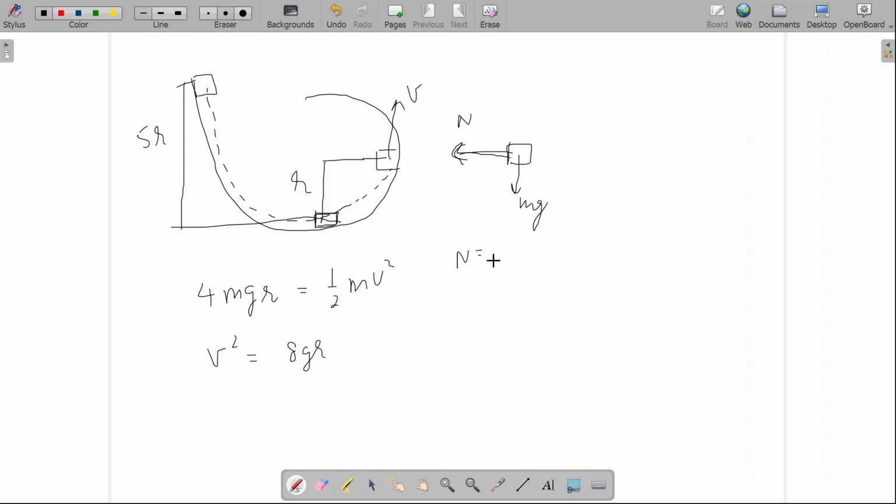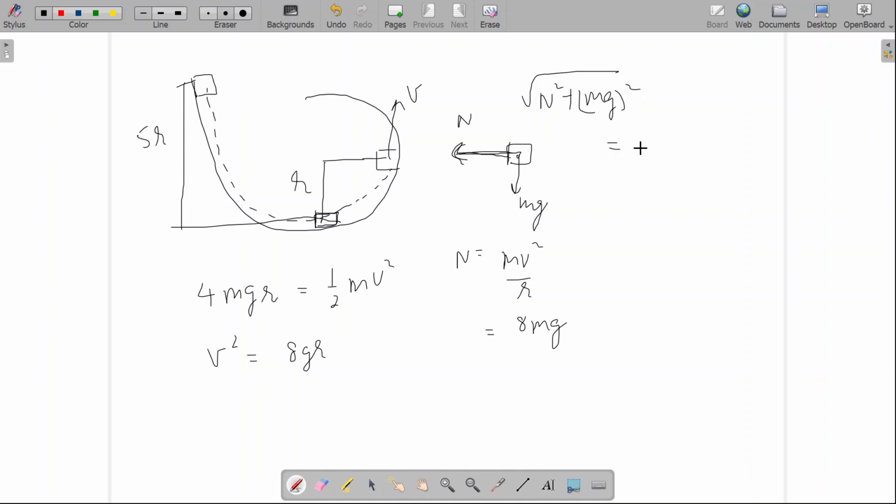So the normal reaction is going to provide the centripetal force, that is mv square by r, and we already know v square is 8gr, so it comes out to be 8 mg. So this is the normal force, and we have to find out the net force acting on the block at that point. So the net force would be square root of N square plus mg whole square.